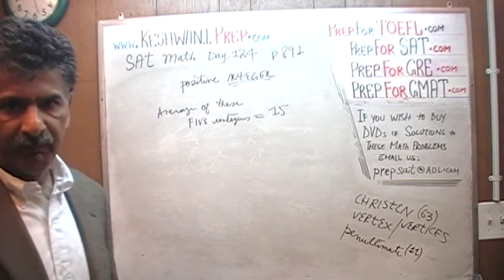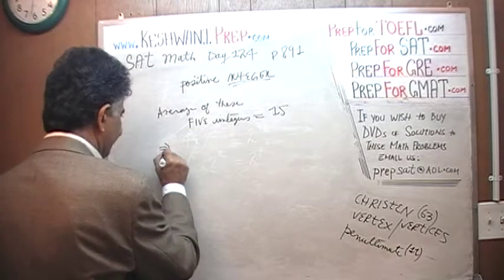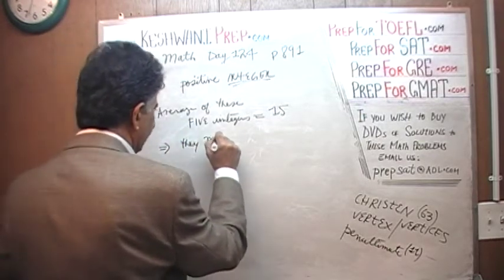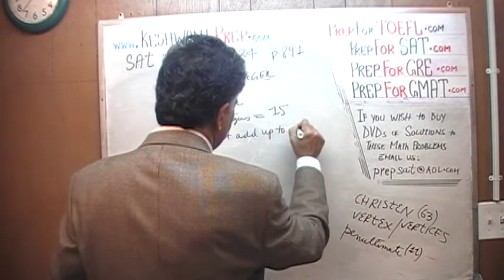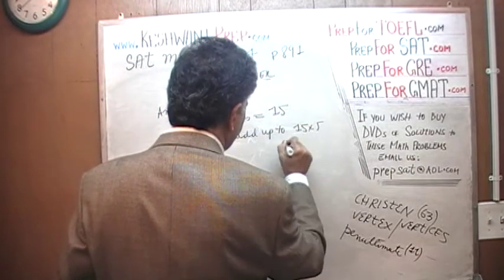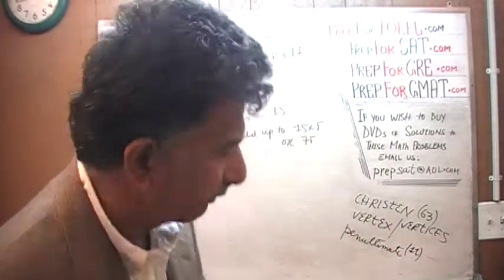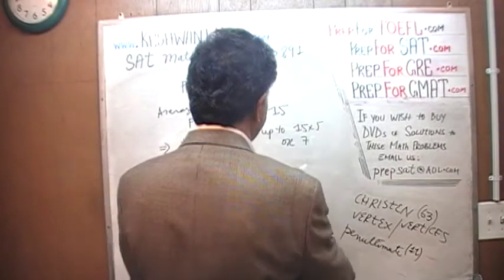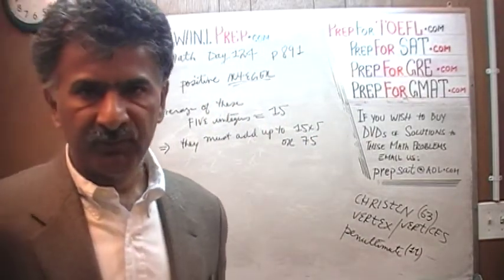If there are 5 of them and their average is 15, that tells us that they must add up to 15 times 5 or 75 because that's the only way the average of 5 numbers is going to be 15.